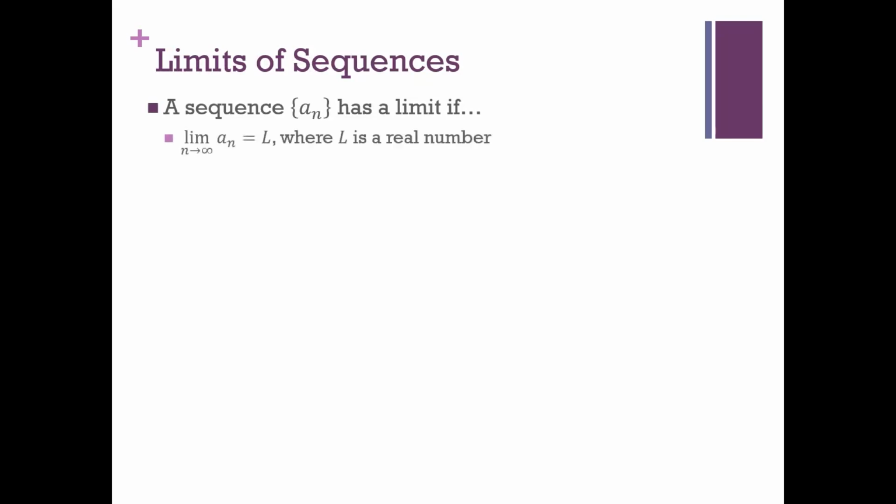A sequence has a limit if, in this case, as n goes to infinity, which is essentially what we just investigated. So when I say as n goes to infinity, what am I really looking to do with my values of n? Basically, what's the first part of that notation?